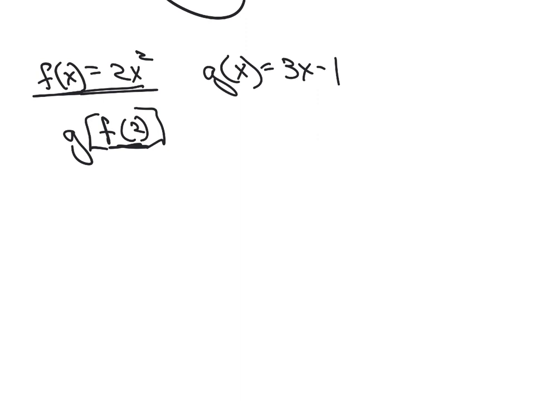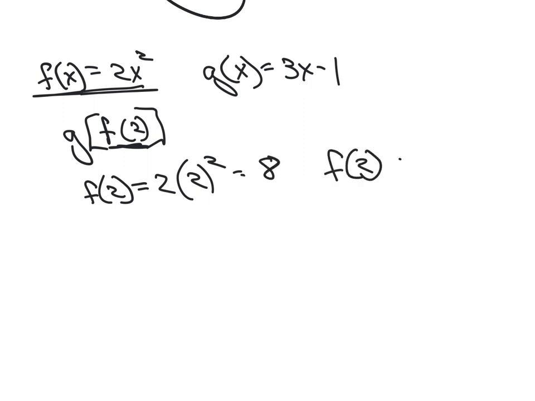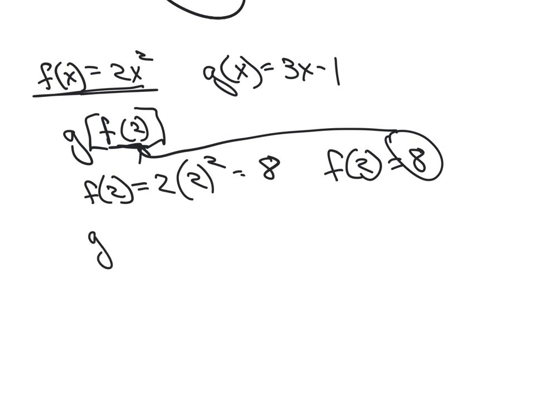So we're going to plug in 2 there. So f of 2 equals 2 times 2 squared equals, I'm sorry, 8. So f of 2 equals 8. So now whenever I see an f of 2, I'm going to put 8 in its place.